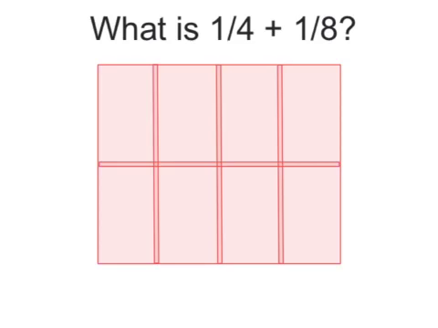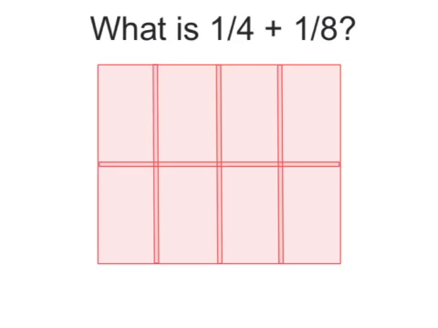Alright, but I'm going to use a visual model here to illustrate what 1/4 plus 1/8 is. So we start with an array that has eighths. Here we have our rectangle carved into eighths. We're starting with 1/4. As I just showed, 1/4 is 2/8.